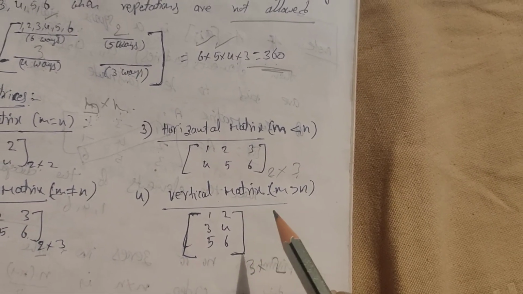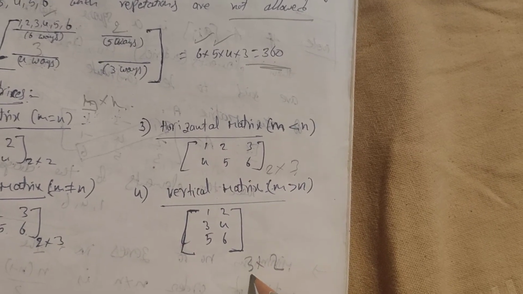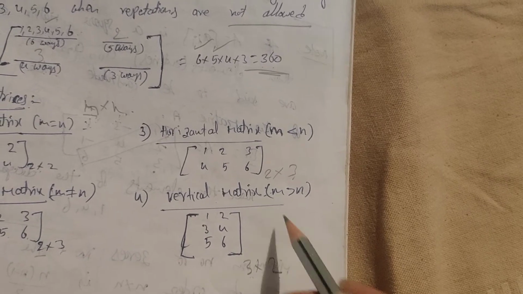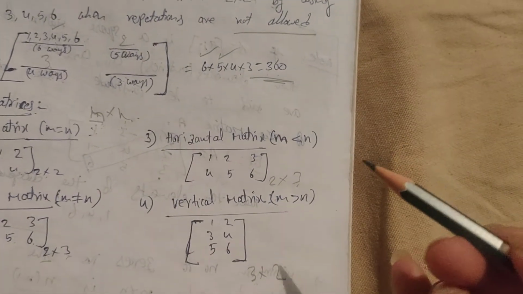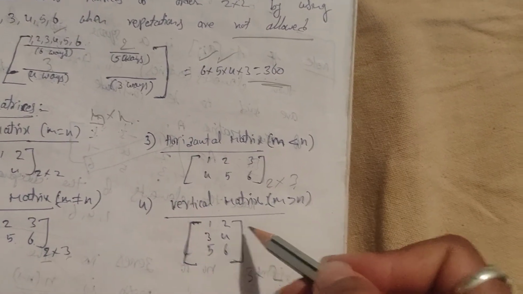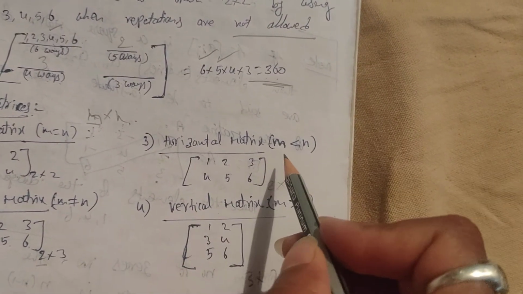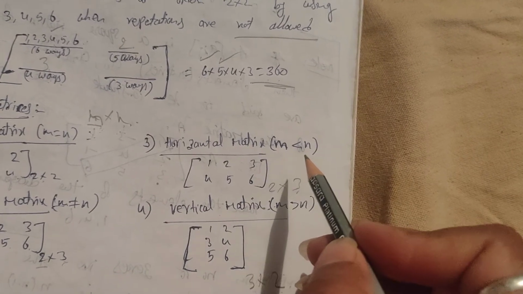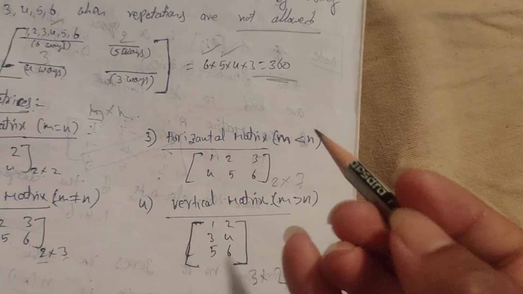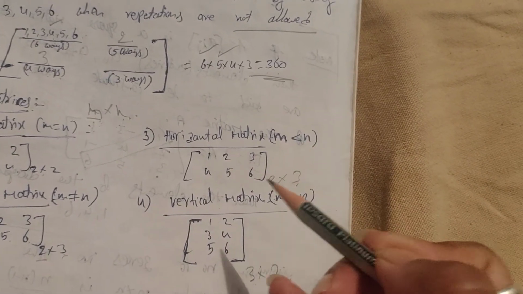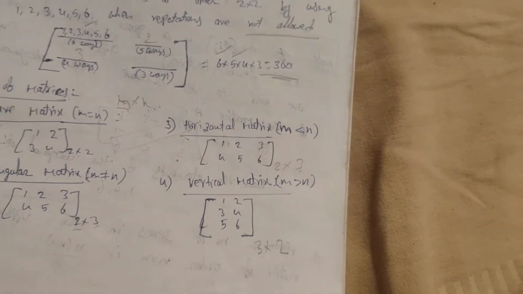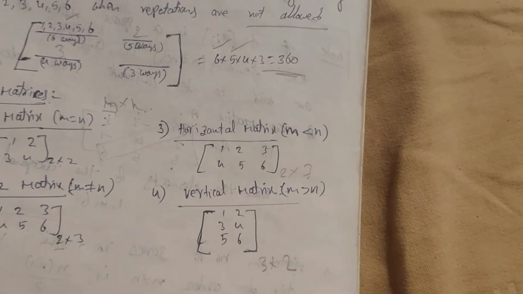So the number of rows is more than the number of columns, so m is greater than n. Whatever matrix you take, if m is greater than n, that is a vertical matrix, also a rectangular matrix. Likewise, a horizontal matrix with m less than n is also a rectangular matrix. In particular, if m is less than n it is a horizontal matrix, and if m is greater than n it is a vertical matrix. These two matrices are nothing but rectangular matrices also.